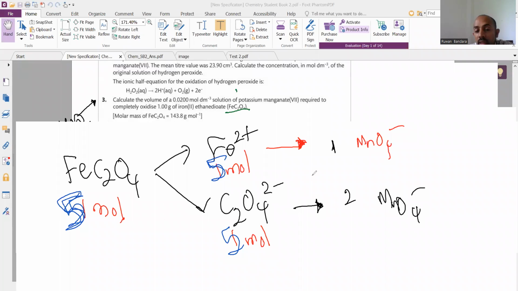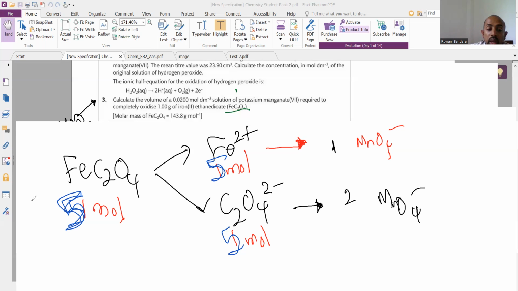Now, is this clear? First, you should know the ratio between Fe2 plus and MnO4 minus, and the ratio between C2O4 2 minus and MnO4 minus. Therefore, if we consider 5 moles of FeC2O4, you have 5 moles of Fe and 5 moles of C2O4 2 minus. To react with 5 moles of Fe2 plus, you need 1 mole of MnO4 minus, and to react with 5 moles of C2O4 2 minus, you need 2 moles of MnO4 minus.